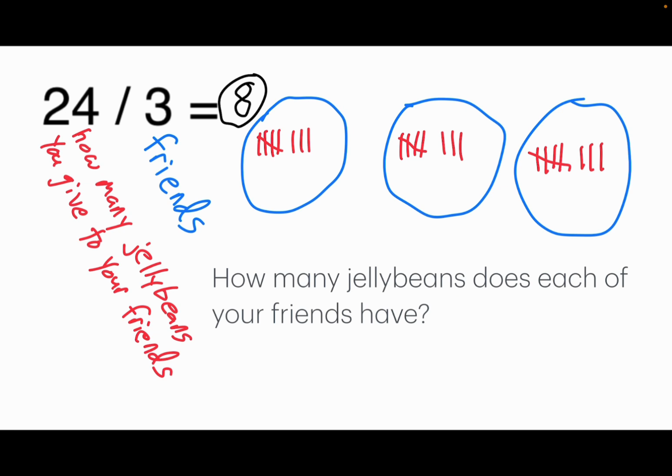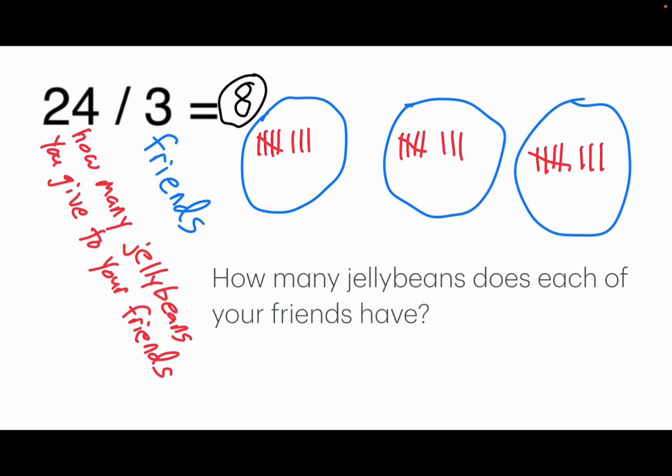Because it's division, we're not asking how many we have all together, since we've given away the jelly beans. What we want to know is how many jelly beans each one of our friends has, not all our friends together, just each friend. The first friend has 8, the second friend has 8, the third friend has 8. So the answer is 8. Each friend has 8 jelly beans.